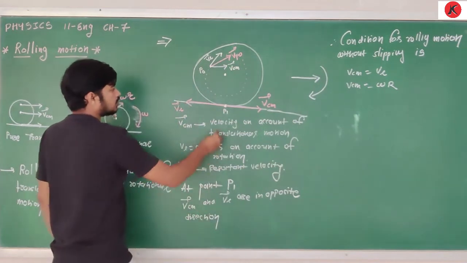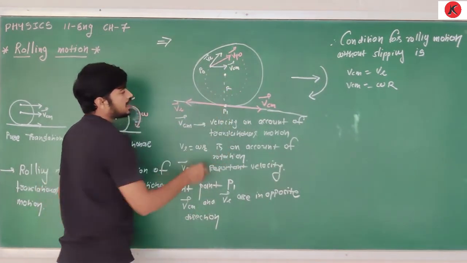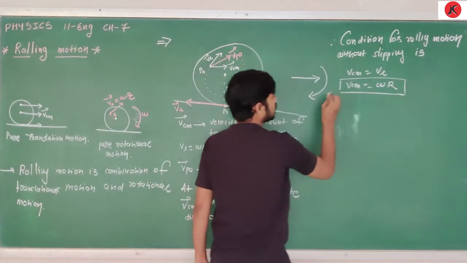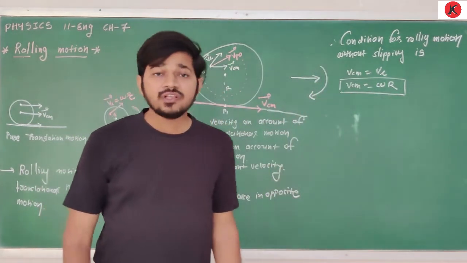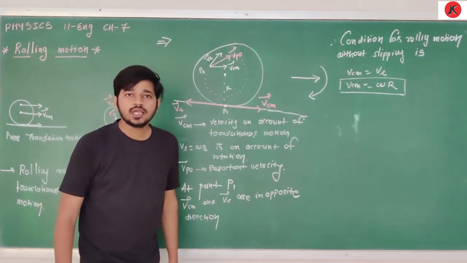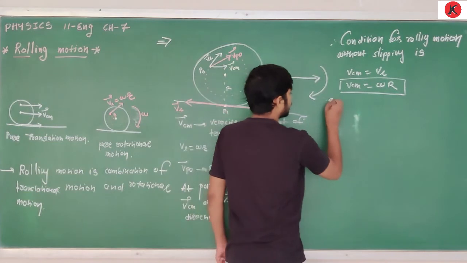If the radius is r and angular velocity is omega, then you can write V center of mass is equal to omega r. Clear about this?